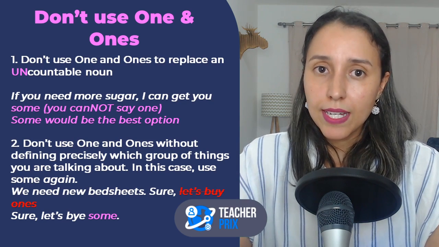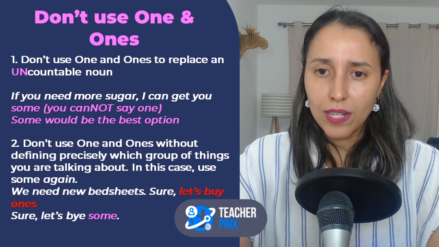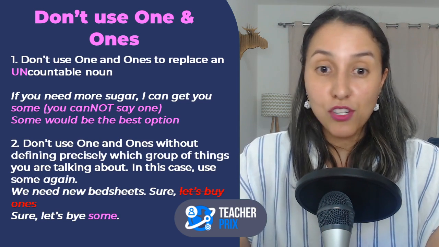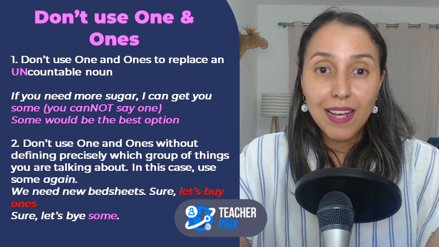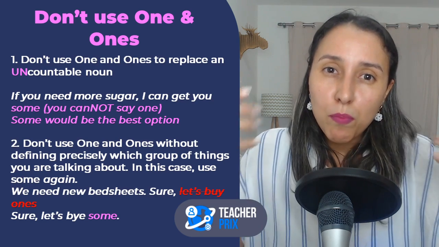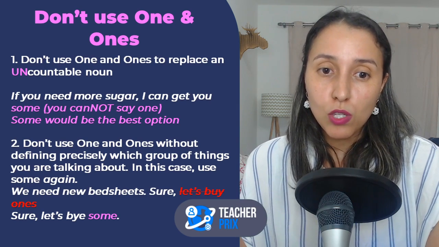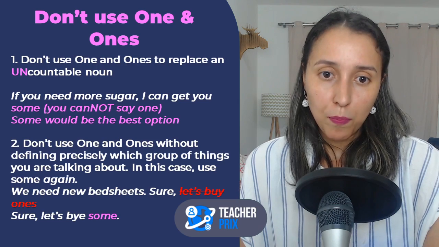We need new bed sheets. Sure, let's buy ones. No, you cannot do that. There's no adjective, there is no the, so it's not a specific, it's not a precise group. So I have no idea what you're talking about. So here, in this case, I should use some.